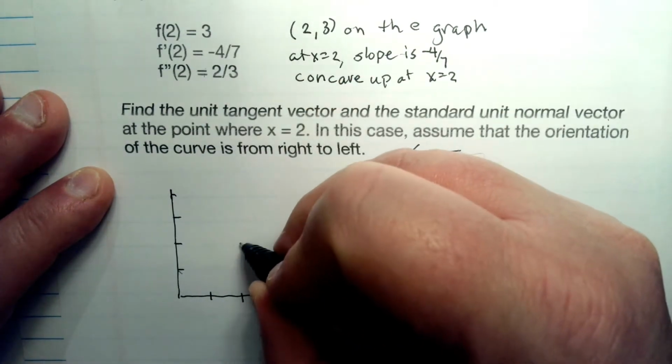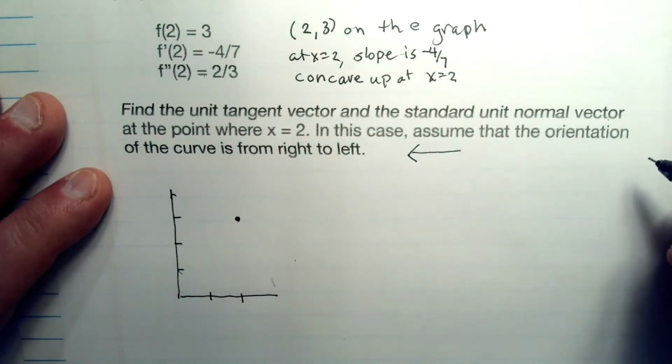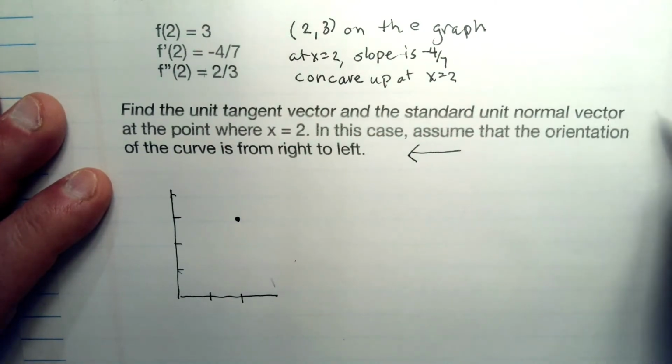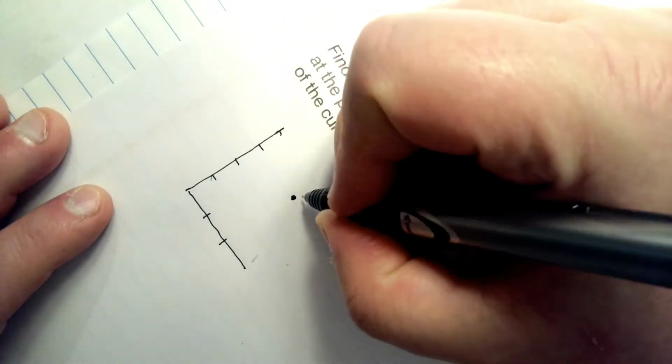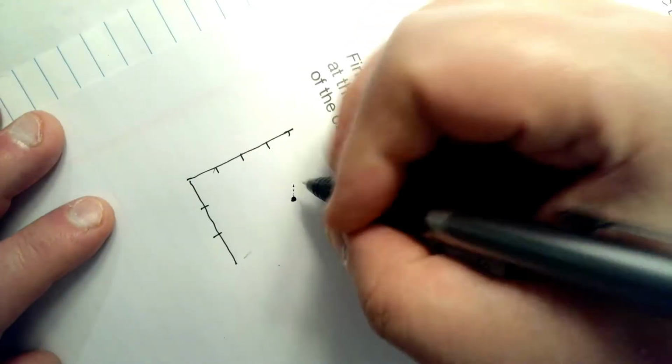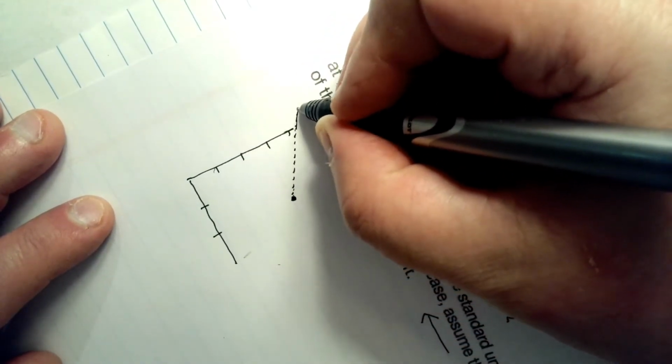So the point x equals 2, y equals 3 is on the graph. Now the slope is negative 4/7, so I'm going to draw a tangent line, and it would look kind of like this.